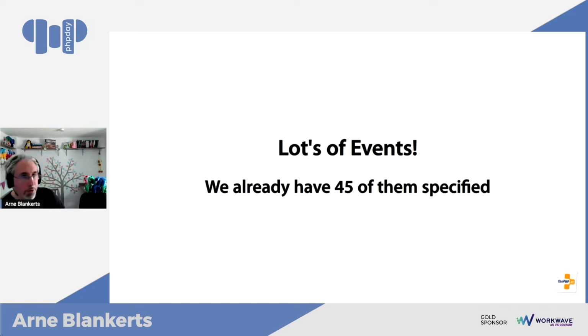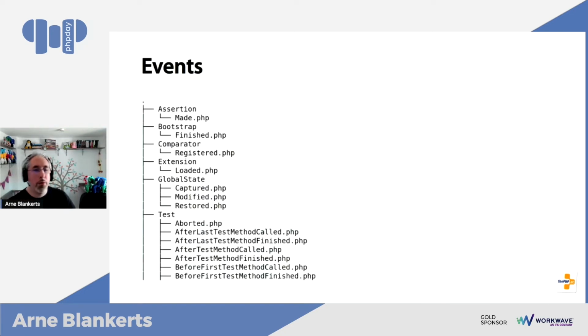And just to give you an idea how the 45 events might look, this is just a tree output from the source directory of PHPUnit 10, where all the events are listed. So we have a group for assertion. Right now, there's only one event in there. There's the bootstrapping part. There's, of course, extension handling. This is certainly going to be extended because loaded and initialized or things like that might be interesting. We have the global state handling.